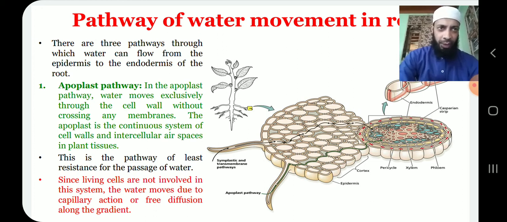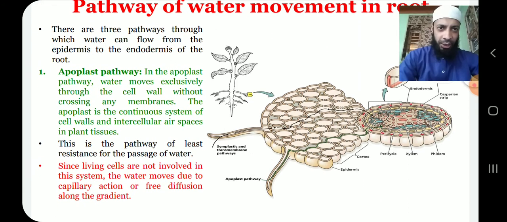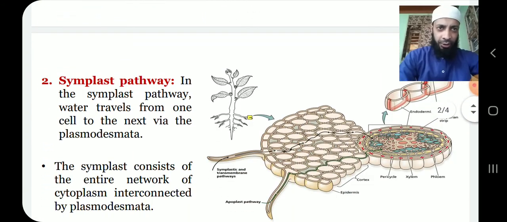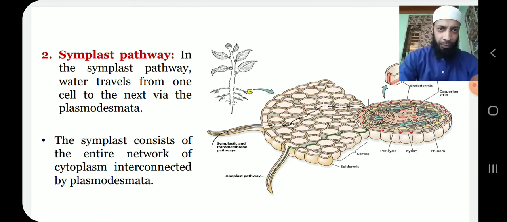The second pathway that is found in plants is called symplast pathway. In this type of pathway, water travels from one cell to another cell through the plasmodesmatal connections or plasmodesmata. These are small windows between the cells through which a cell can exchange its material among themselves.